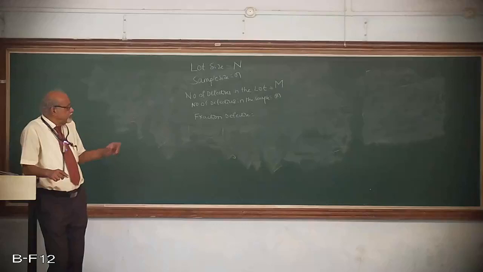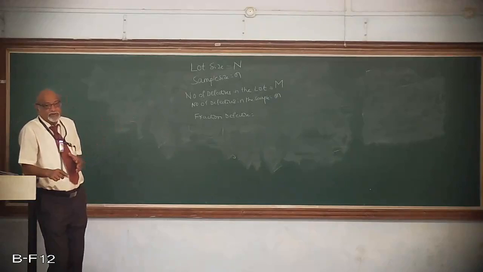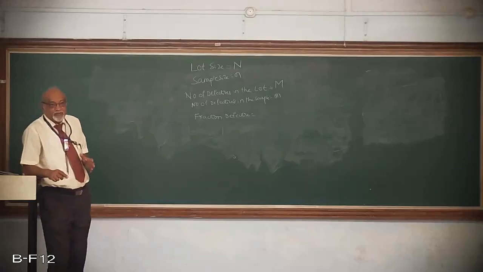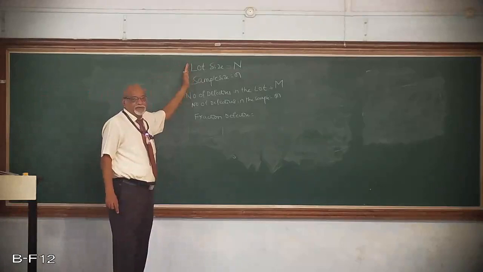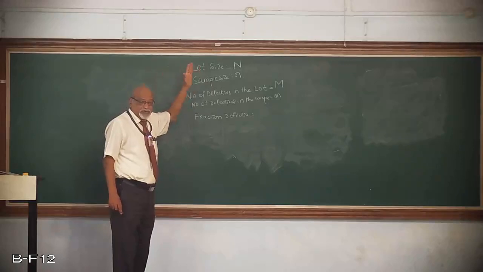So, fraction defective of the universe or the population. For all practical purposes, the universe or population for us is this lot. Try to understand. Lot size N is the universe or population which we want to test, to see whether that lot is a good lot or bad lot, whether it should be accepted or rejected.